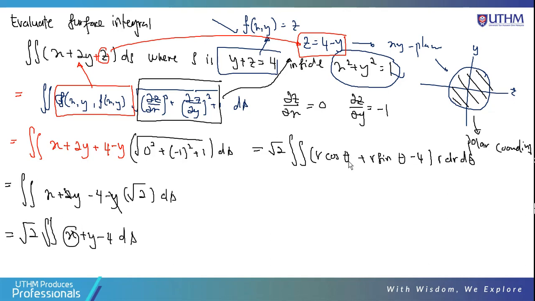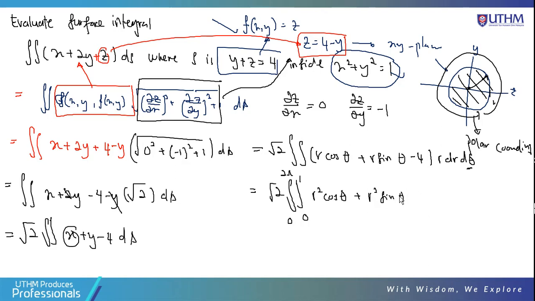Okay, so you can solve. So we get root 2. The limit for r is 0 to 1, right, 0 to 1. The limit for theta, the whole half circle, starts from 0 to pi. So r times r gives r squared cos theta plus r squared sin theta, minus 4r, dr d theta.